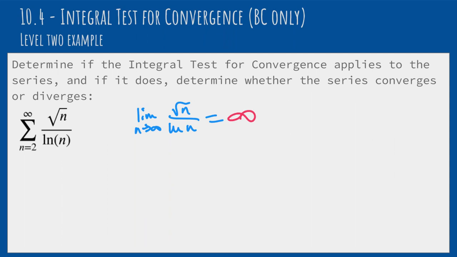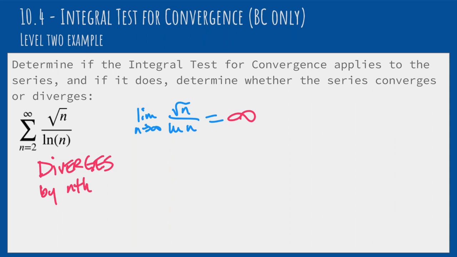So this limit itself diverges, which means that the nth term test for divergence tells us that this diverges. So we don't even need to use the integral test here because the terms are not approaching zero.